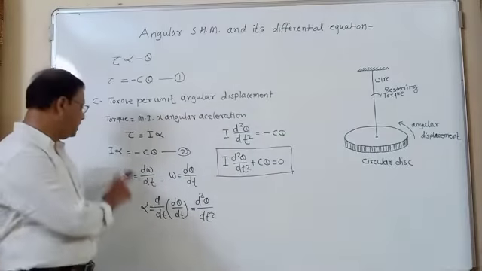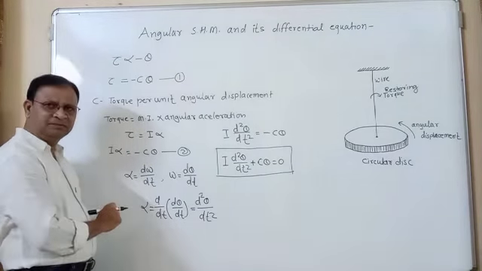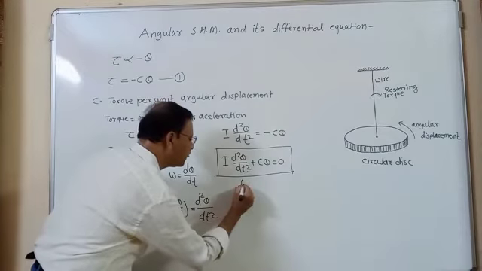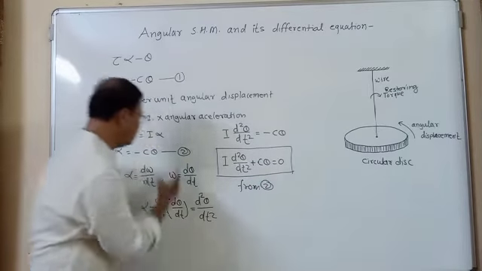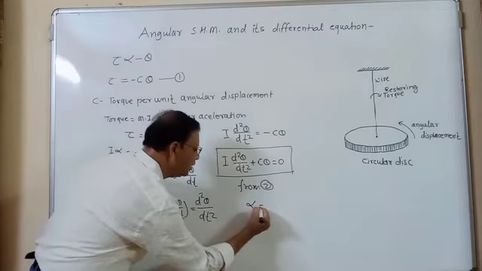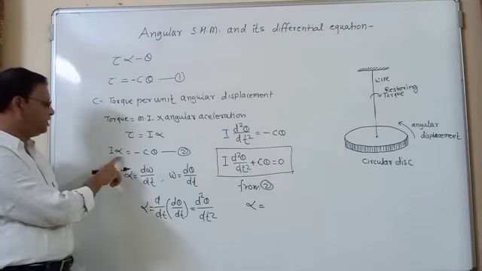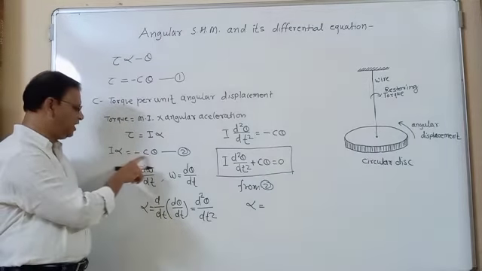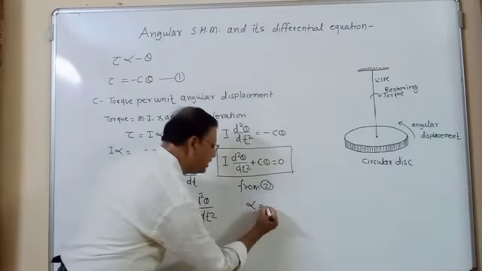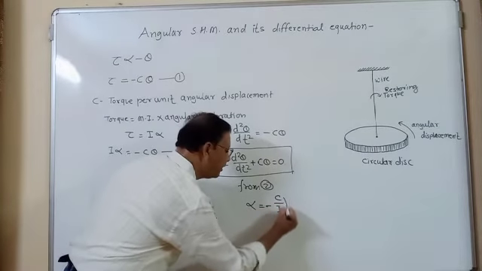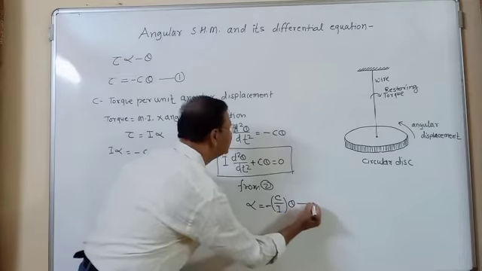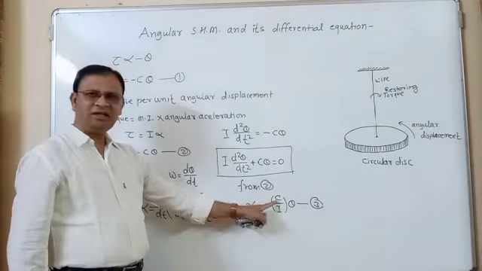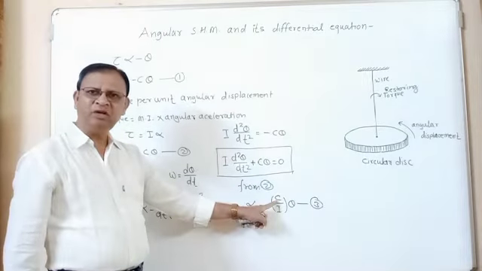Now we have the relation I alpha is equal to minus C theta. From this relation 2, alpha is equal to minus C theta upon I. We can write this as minus C upon I into theta. So we can call this relation number 3. Now C is the torque per unit angular displacement.